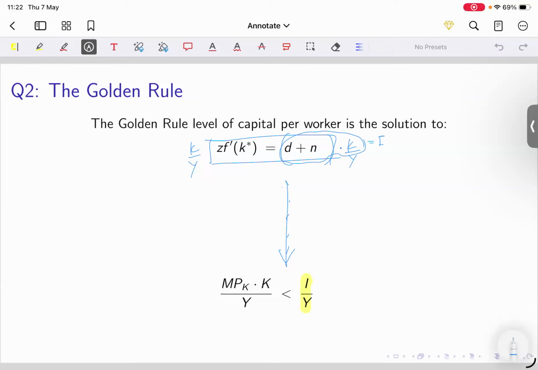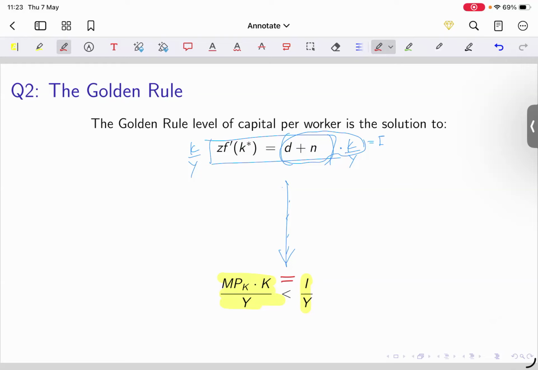On the left-hand side, we have the capital intensity times its marginal product, which is the left-hand side here. So we're saying that at the optimum, according to the golden rule, this should hold with equality.